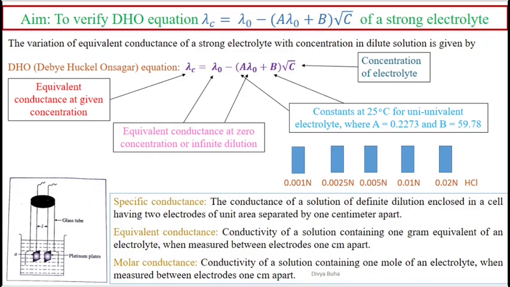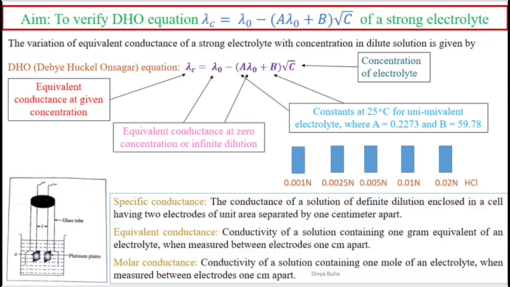Whereas weak electrolytes ionize only partially, they dissociate only partially. So in this practical, you have to use strong electrolytes, for example HCl, KCl, NaCl, KNO3, etc.